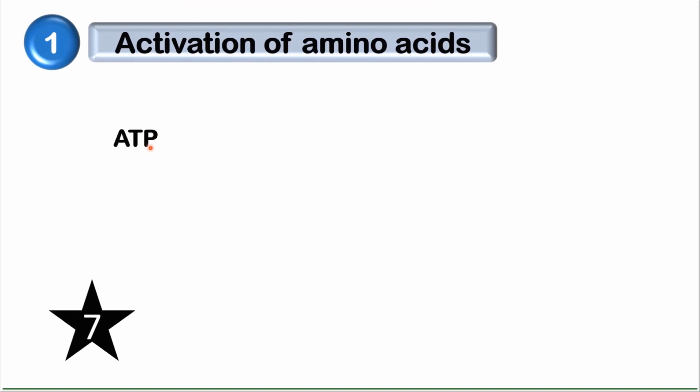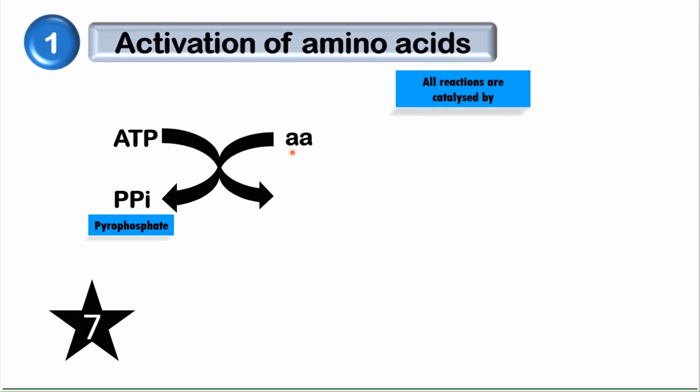What will happen? ATP breaks to form pyrophosphate, and in the same step the amino acid is attached to AMP to form adenylated amino acid. ATP stands for adenosine triphosphate, which breaks to form AMP plus PPi, and this AMP is attached to the amino acid to form adenylated amino acid.